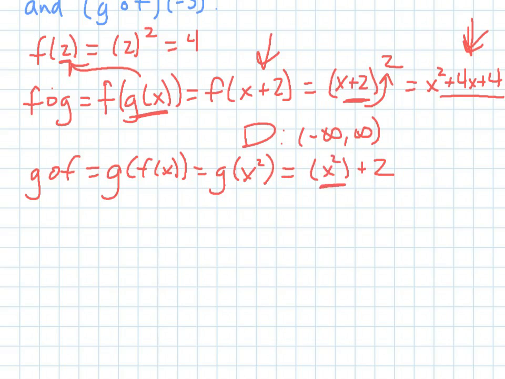So I put an x squared. Okay? Now there's nothing else to simplify there. So I just have x squared plus 2. And since x squared was all reals, x squared plus 2 is all reals too. So then I still have the same domains.